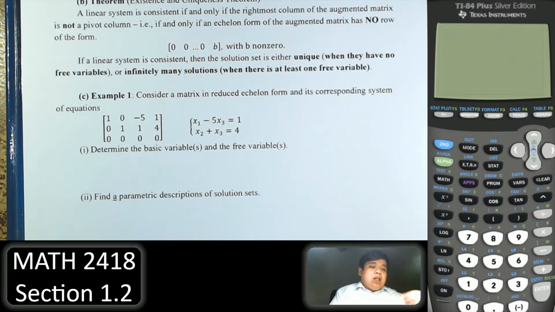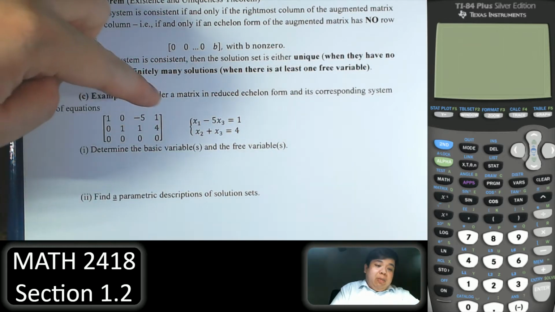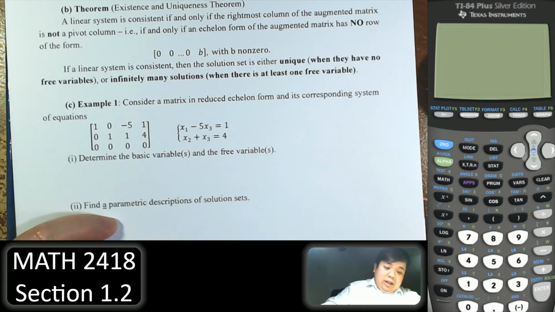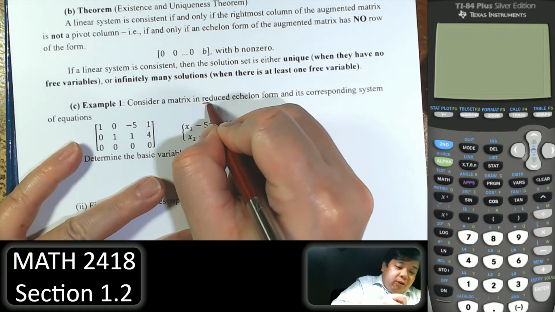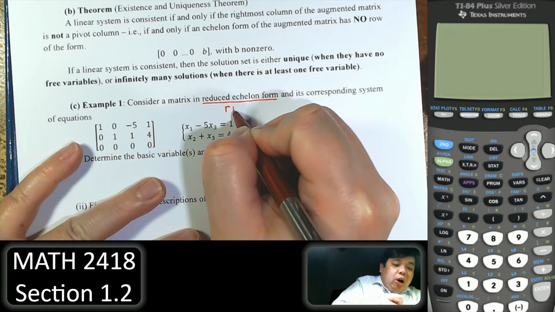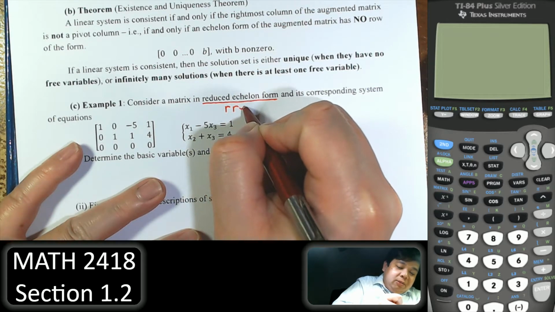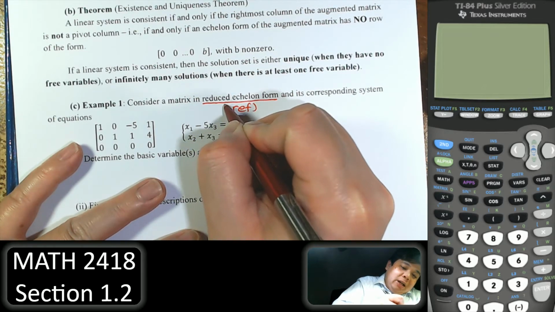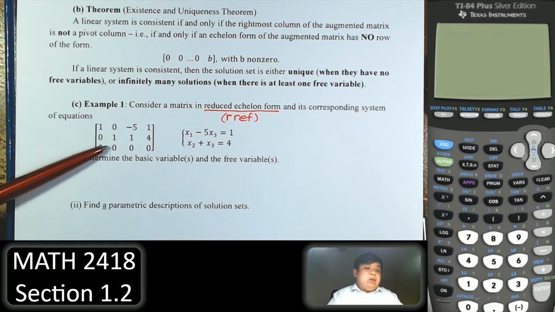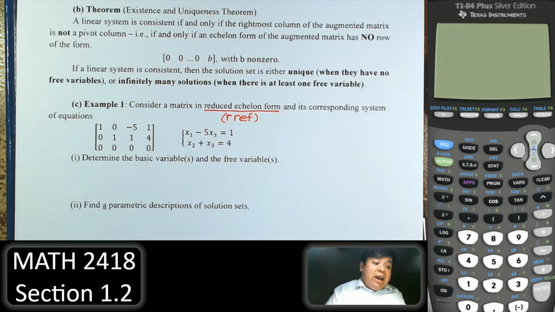Suppose we have a matrix in the reduced echelon form. By the way, the reduced echelon form is going to be reduced row echelon form, so this is going to be RREF. So this matrix is in the RREF form.